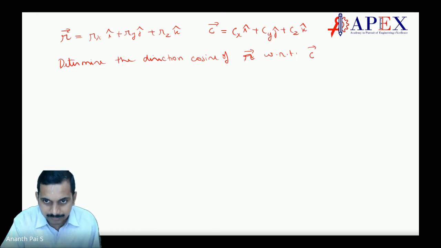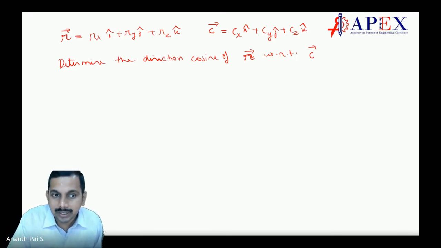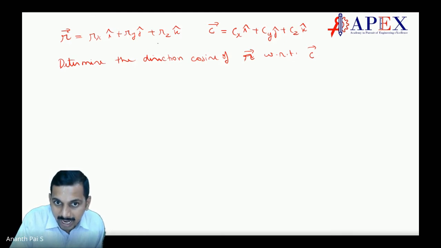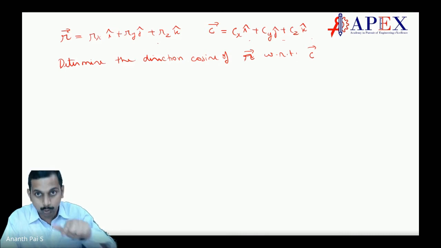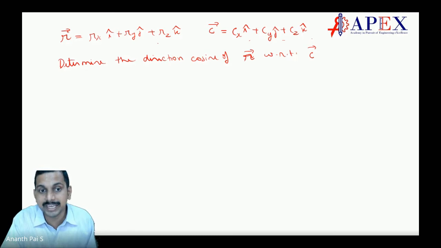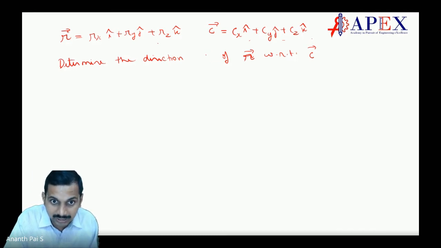That means c unit vector you have to take. So what you should take? You should take the unit vector of r and unit vector of c, and then find the angle between those two. Direction cosines, not direction cosine, direction cosines.